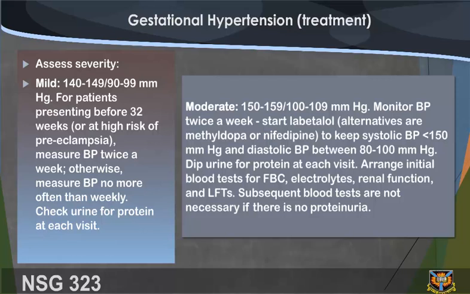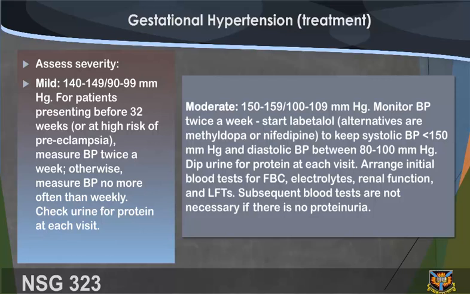Moderate, 150 to 159/100 to 109 mmHg. Monitor BP twice a week. Start labetalol, alternatives are methyldopa or nifedipine, to keep systolic BP less than 150 mmHg and diastolic BP between 80 to 100 mmHg.